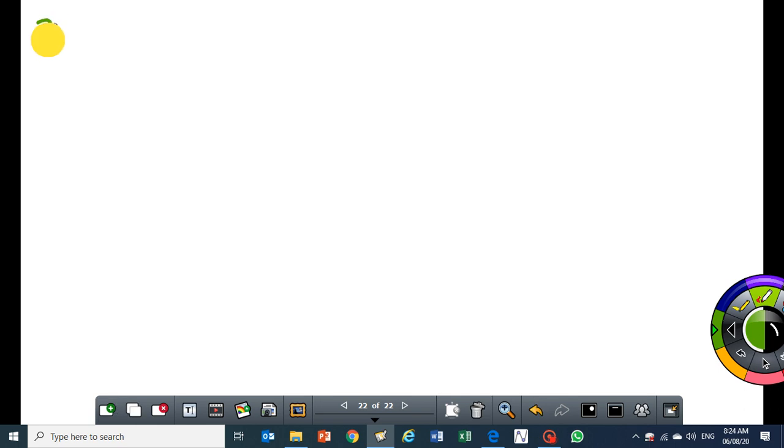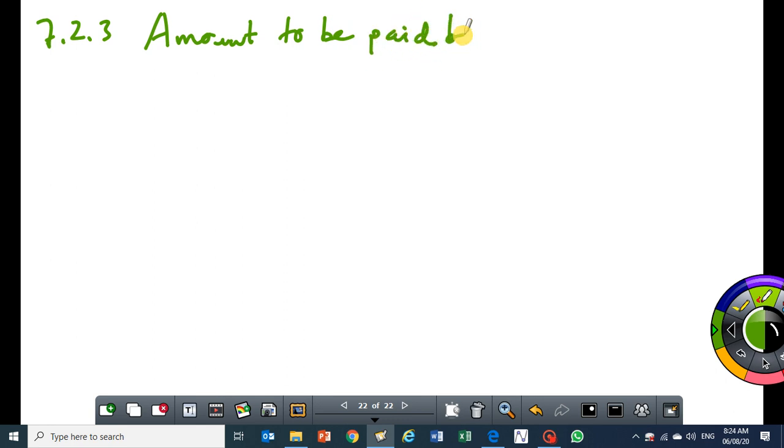So 7.2.3, I'll just write it as amount to be paid before interest.